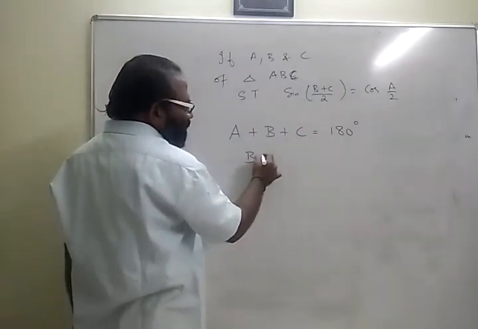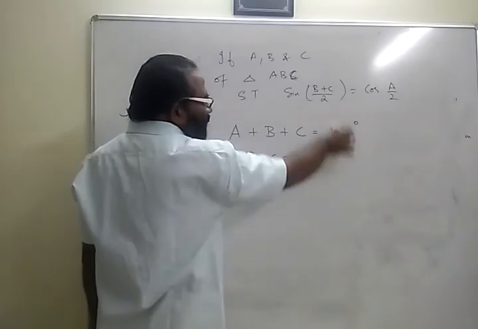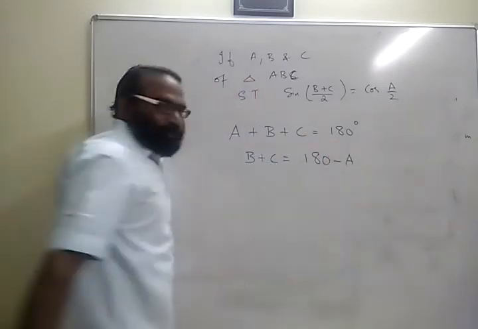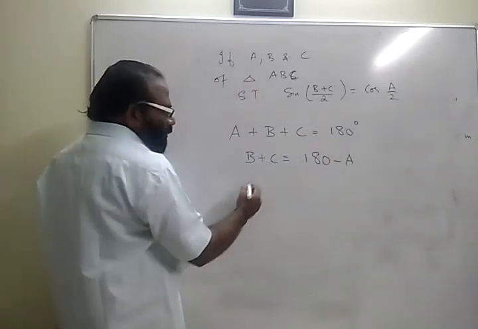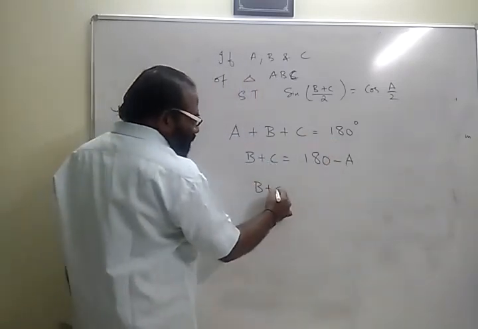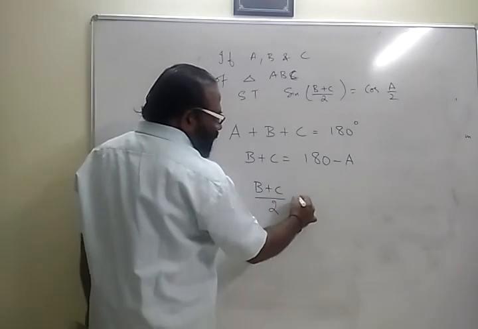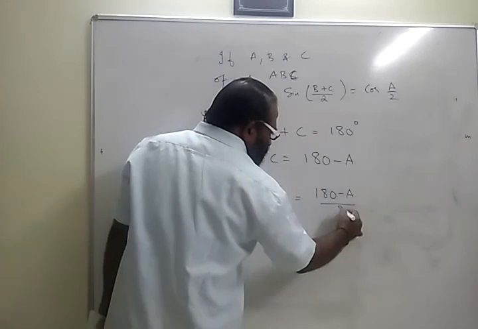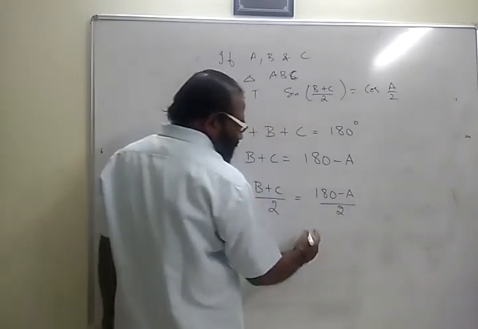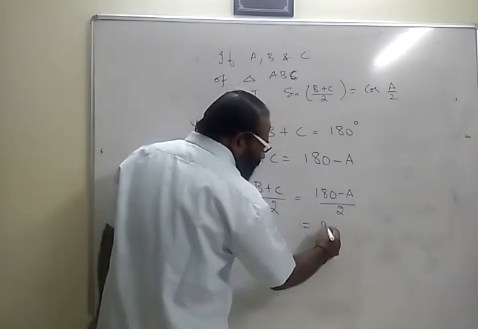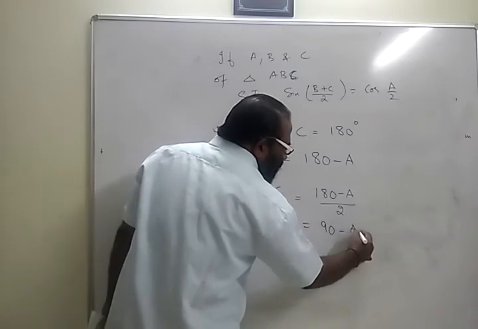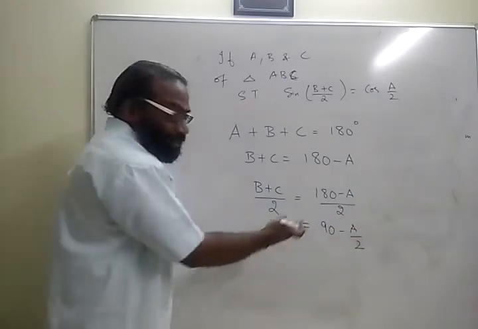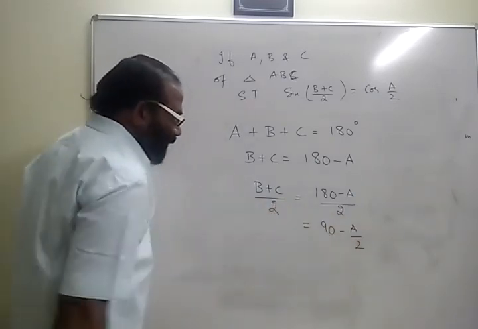So first let me put B plus C this side and take the A that side, and I get 180 minus A. Now dividing both sides by 2, I get B plus C by 2 equals 180 minus A by 2. So which is nothing but 180 by 2, that is 90, minus A by 2. Don't write the by together. The 90 is separate, minus A by 2.